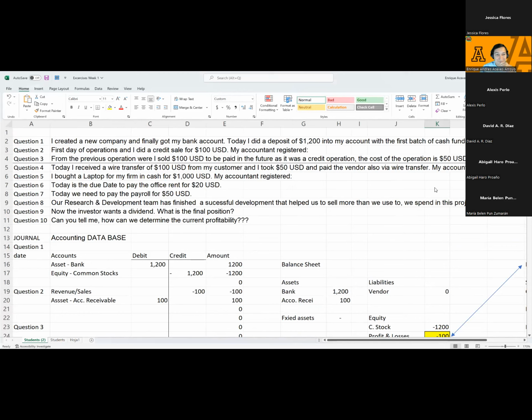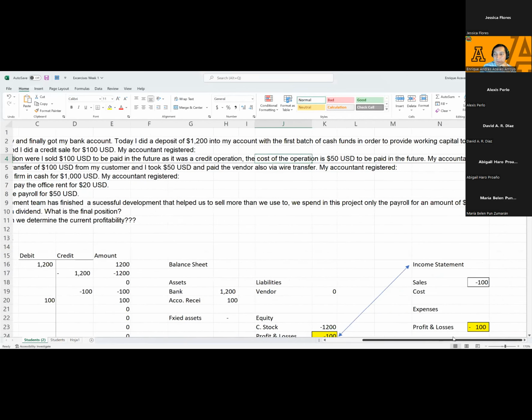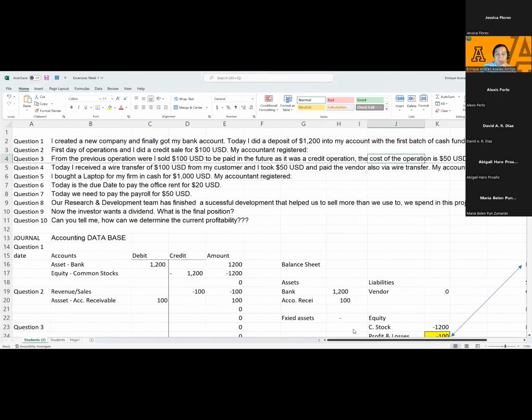Yeah. Okay. From the previous operation where I sold $100 to be paid in the future, as it was a credit operation, the cost of the operation is $50 to be paid in the future. My accountant registered.